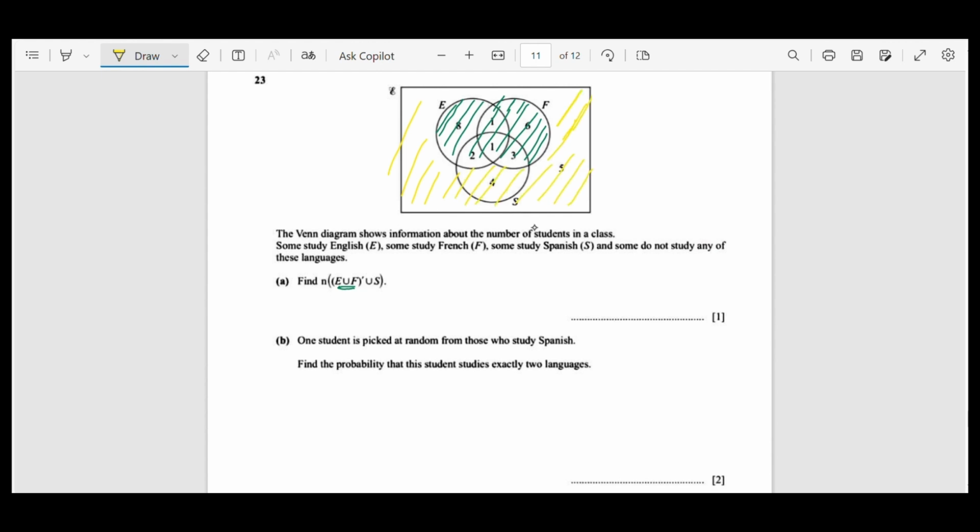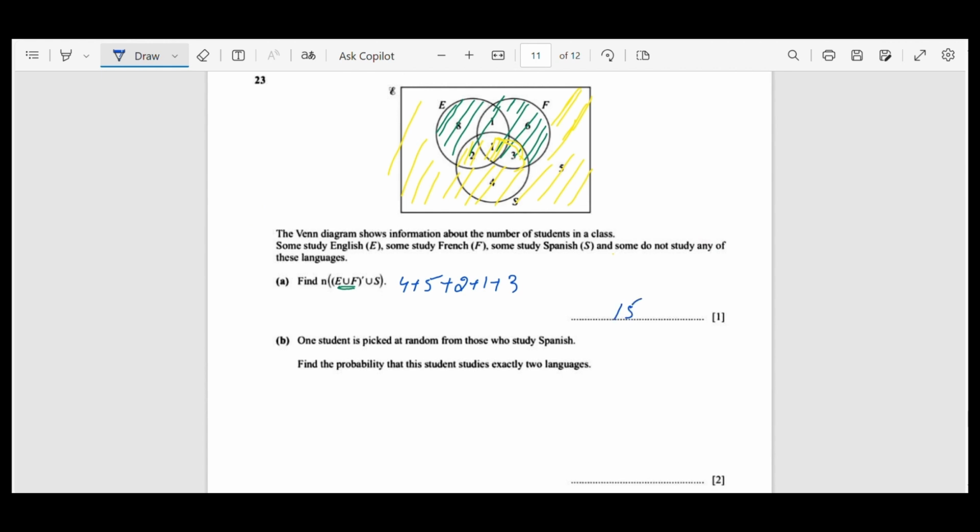We have to make the union with S again, so we have to include the S part also. So this will also be included, plus 2 plus 1 plus 3. So this will be 15.